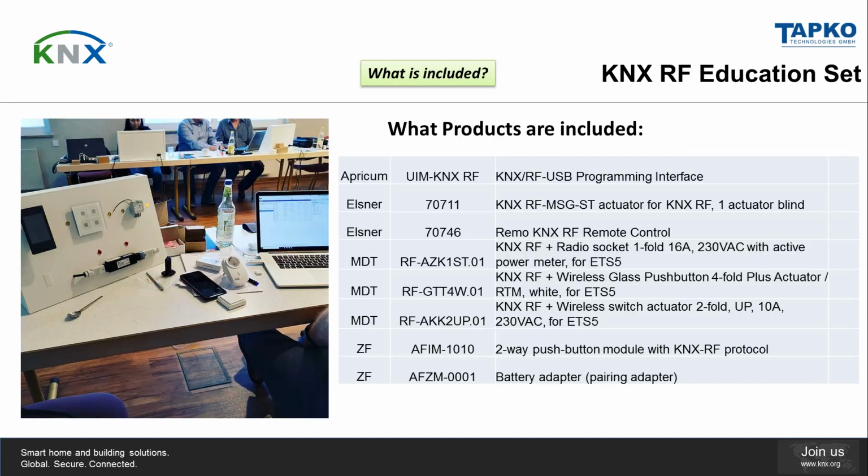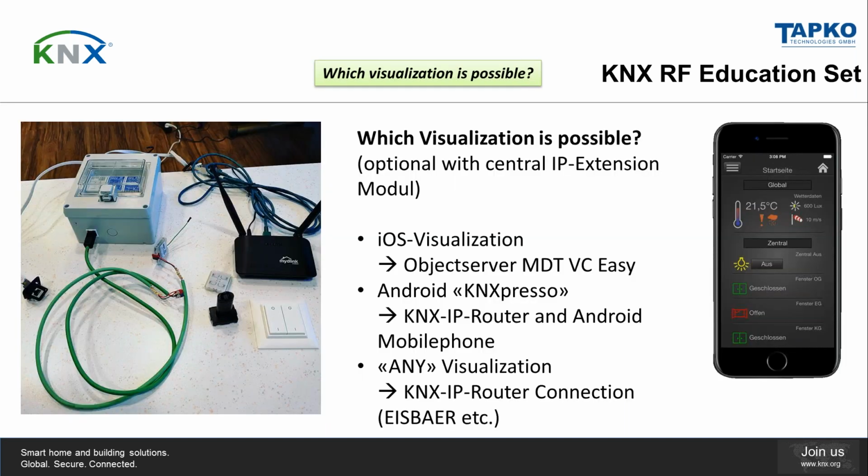What products are included? In the set you see on the left side, there are devices from Elsner, devices from MDT, and devices from ZF. And we have also devices from AFRICOM. We call it a central unit, but it is not really a central unit because you can have it as an addition.